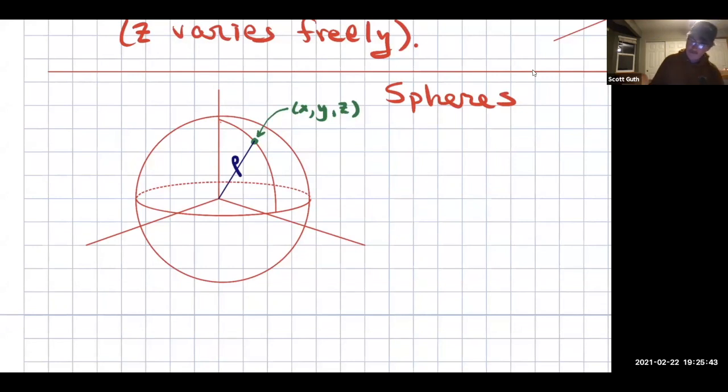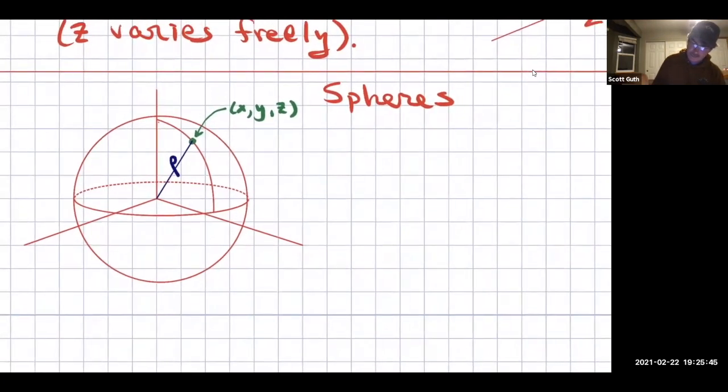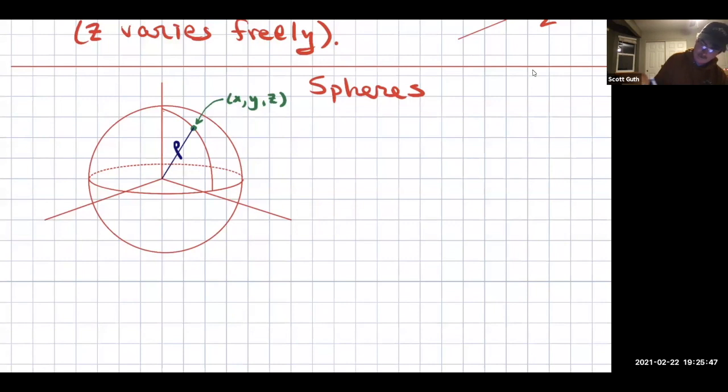And what we know is for every point XYZ on the surface of this sphere, x squared plus y squared plus z squared will be rho squared.